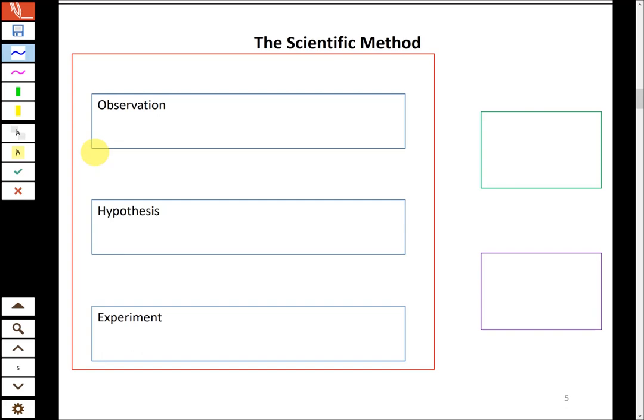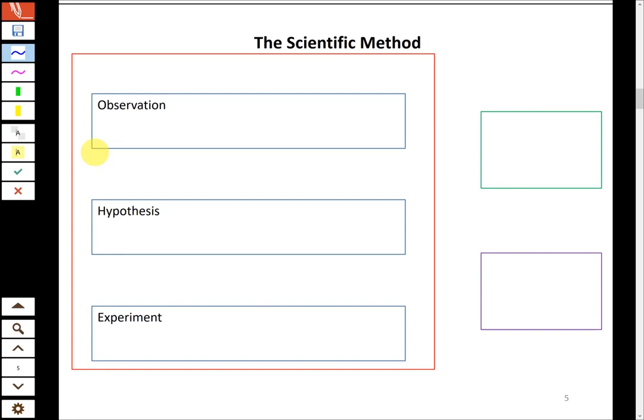Now, this is more directly relevant to the lab course where you're actually going to be carrying out the scientific method, but it's important to appreciate in here as well because everything that we learn in this class, everything that was discovered sometimes hundreds of years ago or sometimes more recently, depending on the topic, all of that came about because of people applying the scientific method and using that to learn something about chemistry and understand a physical or natural process. So there's sort of three steps to the scientific method.